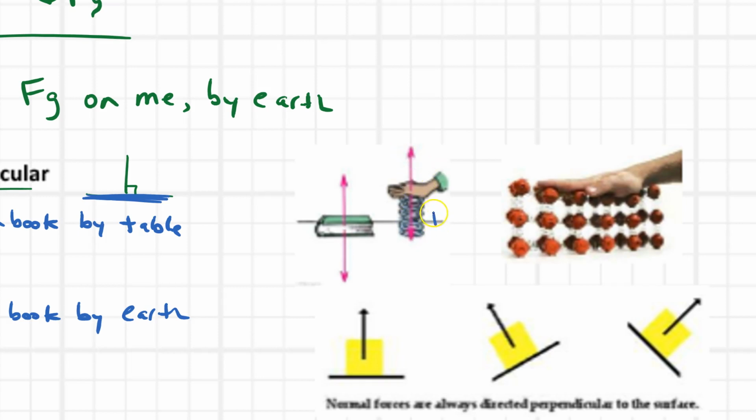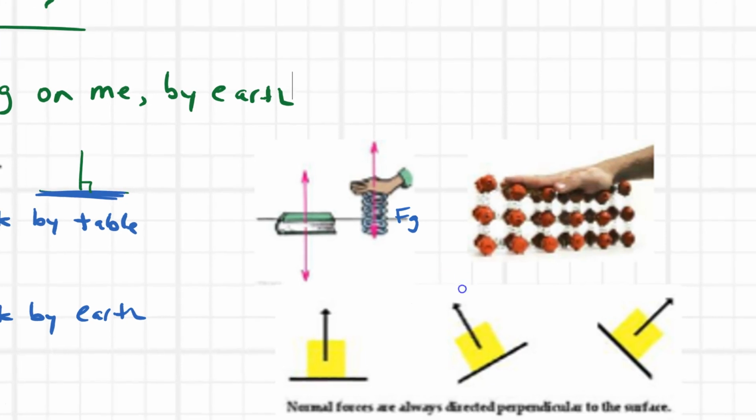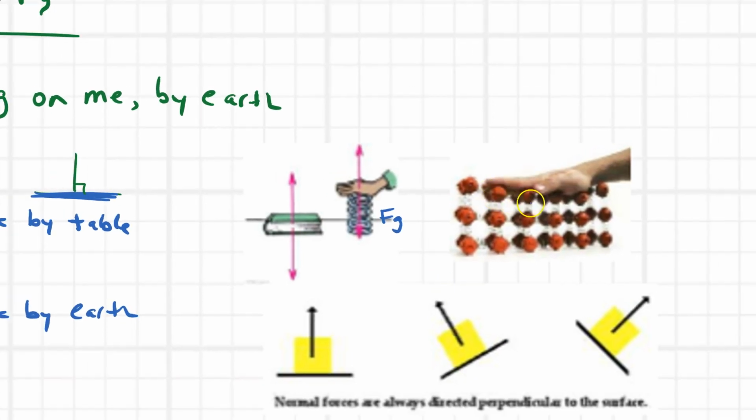So in this diagram, we'd have a force of gravity downwards, and we'd have a normal force of a spring pushing back up again. If we zoom in on the particles of the table, and if we could get down to the particle level, we would see that the table actually does spring, like it does compress a little bit, and it does push up on the book or on our hand.